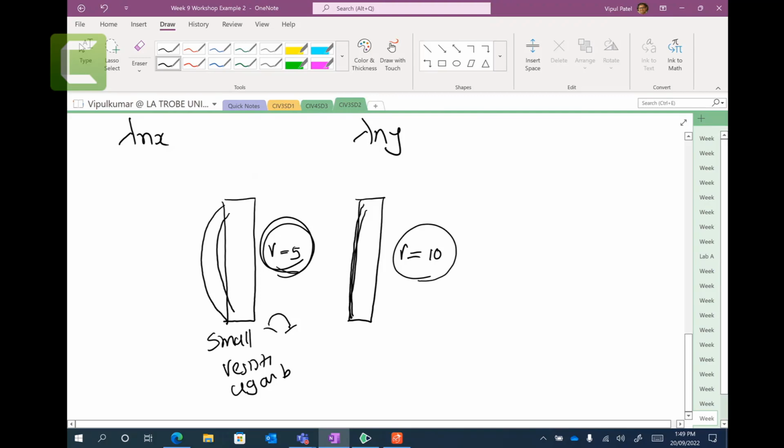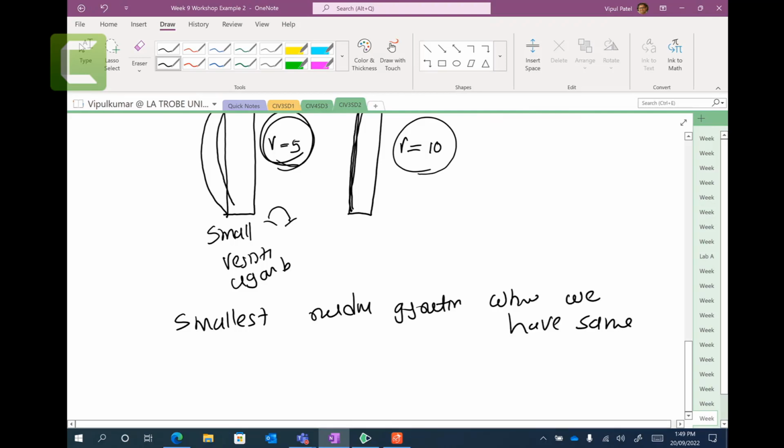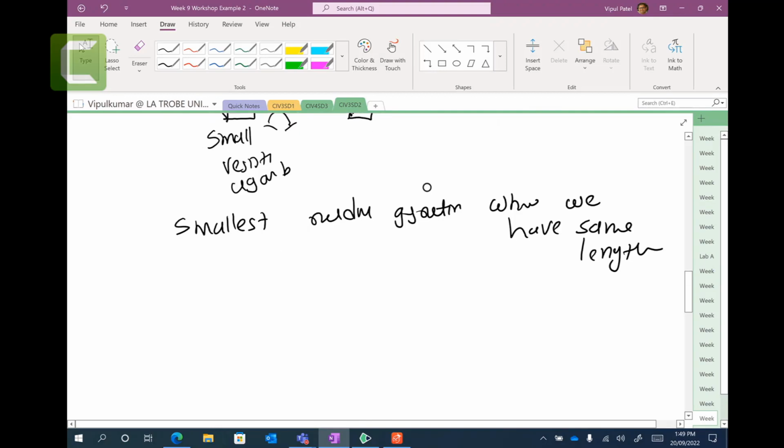So the standard wants you to design for this radius of gyration. Thus, we use the smallest radius of gyration when we have the same length, meaning about the x-axis and about the y-axis. So for these ones, let's get the minimum of rx and ry.